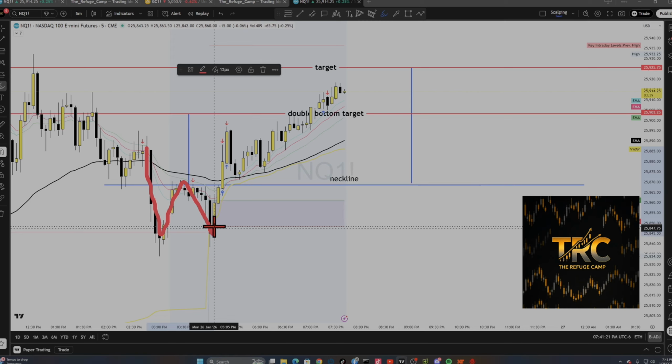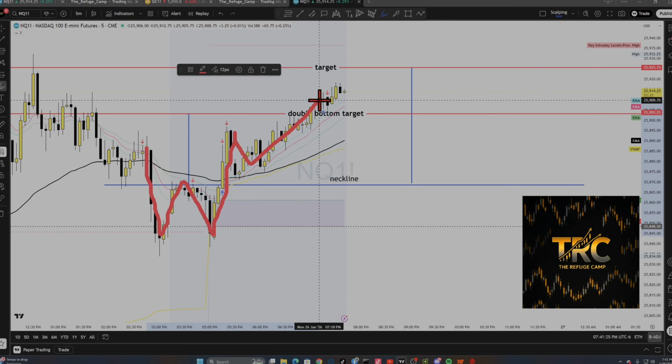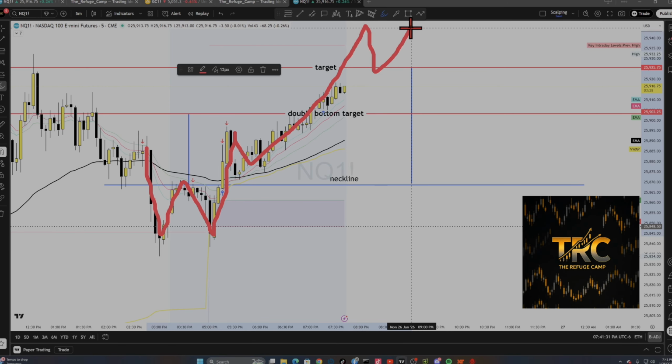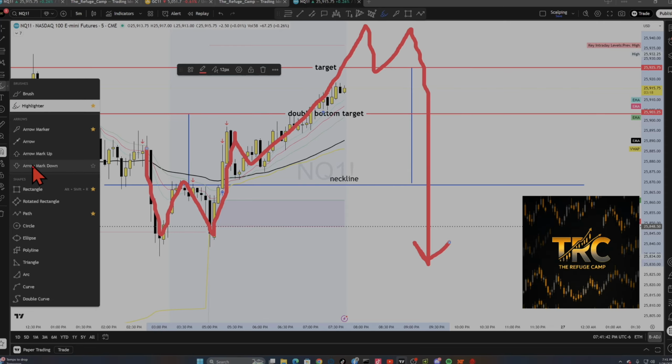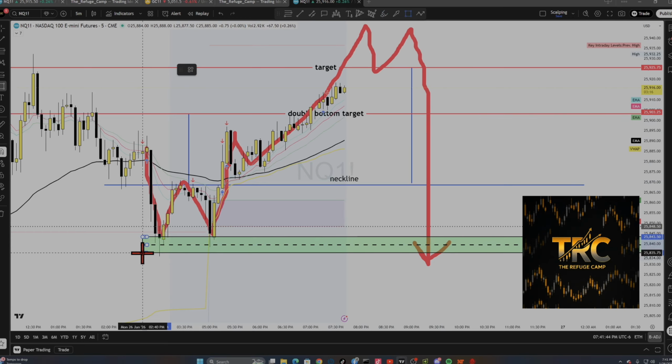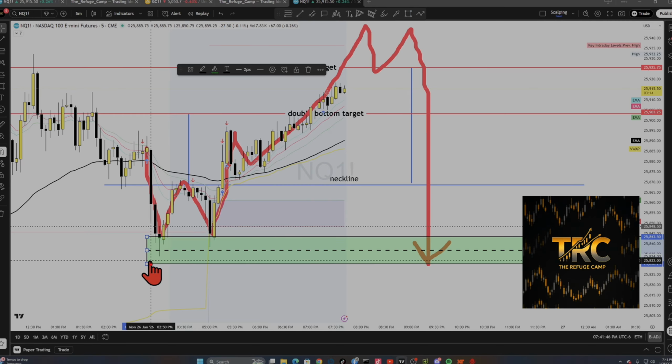You'll see price come out, you'll see the breakout, you'll see the normal retest, the trade up, and then you'll get up to a point where you create a double top, right? And when you get that double top, price will come down and sweep the liquidity here, right?